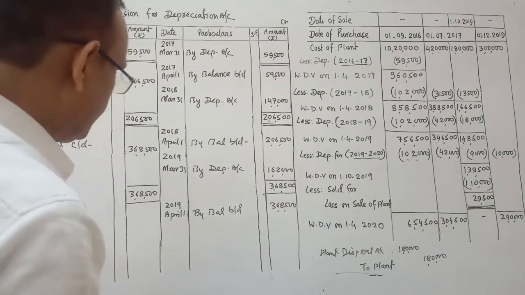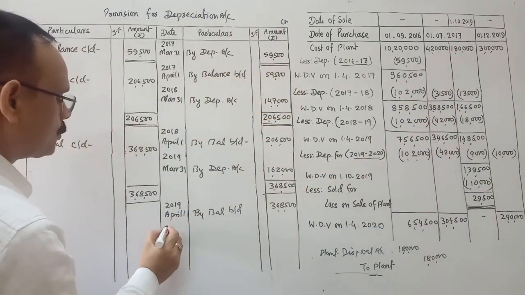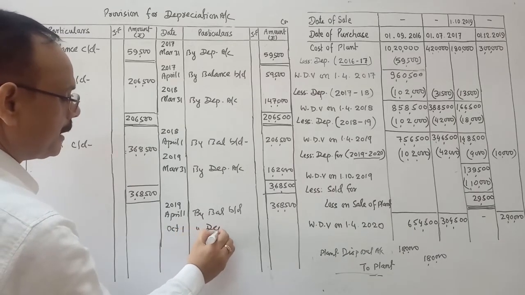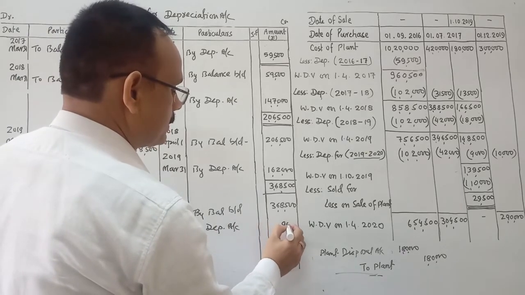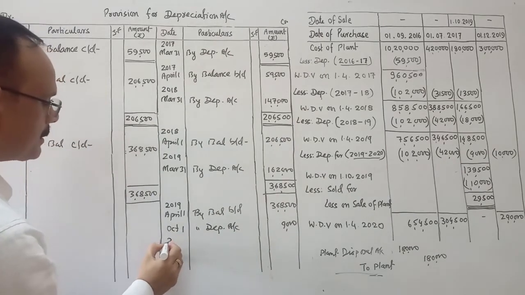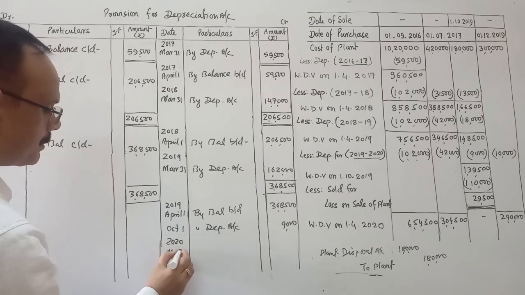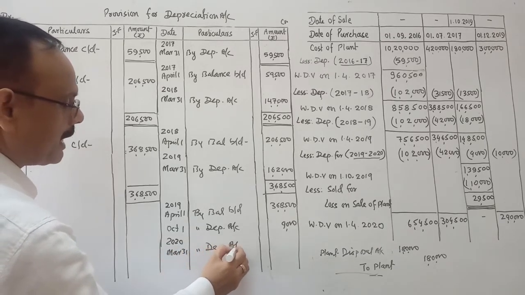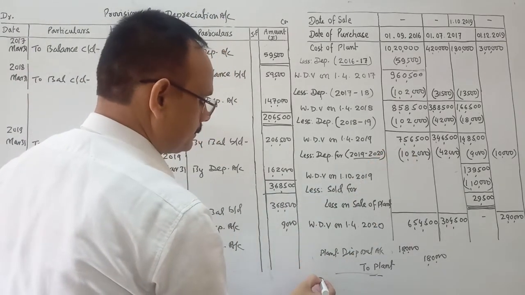In this financial year, one machine is sold on 1st October, with depreciation of 9,000. And for the rest of the machine, on 31st March 2020, by depreciation, which is in our hand, this is 1,02,000.